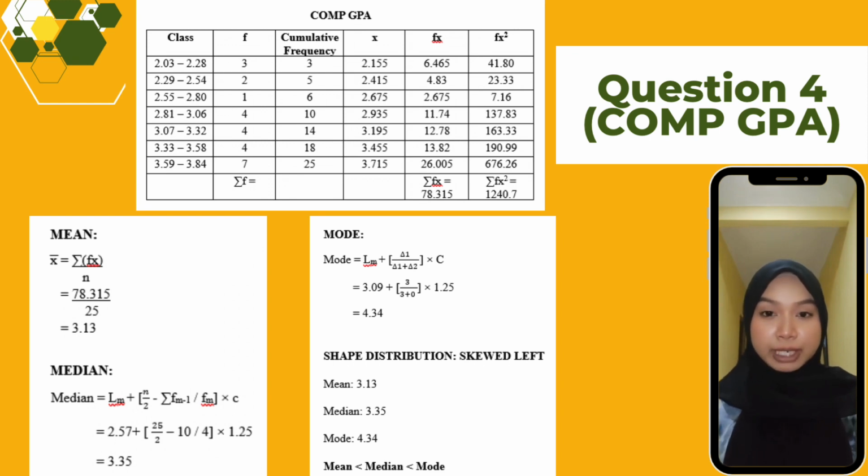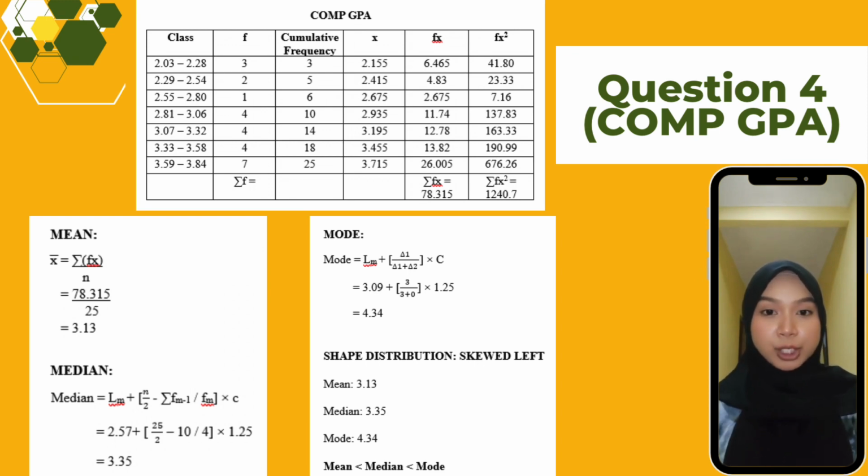To calculate the median: 2.57 plus bracket 25 divided by 2 minus 10 divided by 4 close bracket multiplied by 1.25. Then the answer will be 3.35. To calculate the mode for computer GPA: 3.09 plus bracket 3 divided by 3 plus 0 close bracket, then multiplied by 1.25, which equals 4.34.